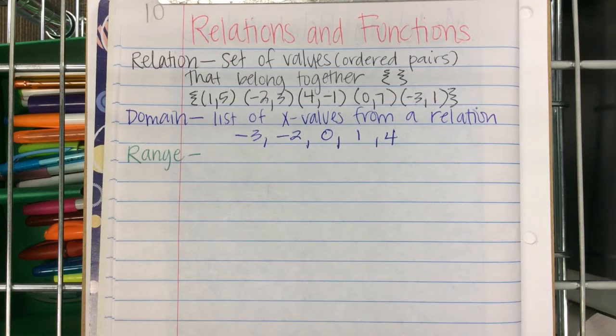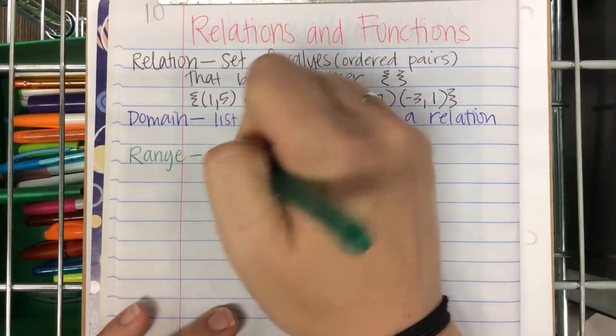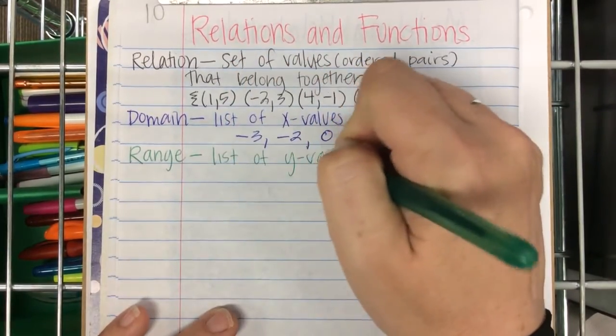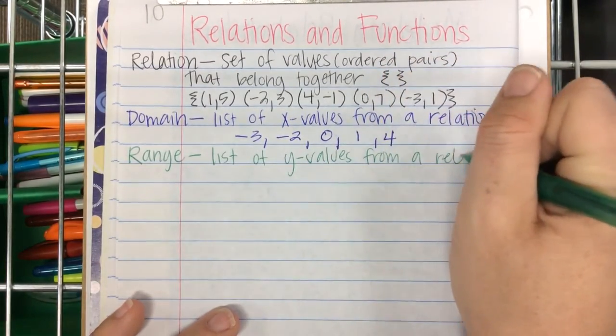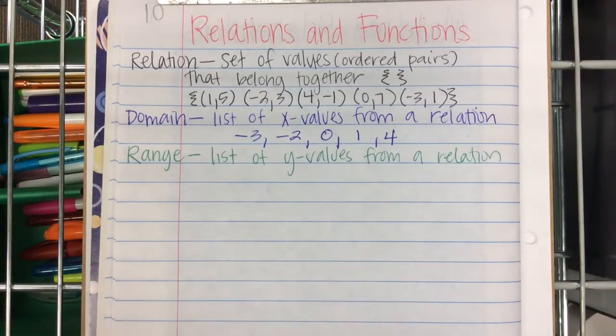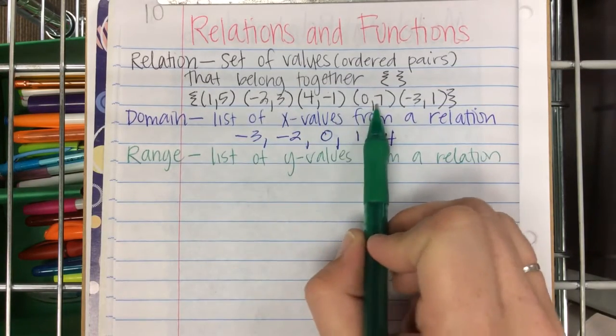Range. Now, range to you already has a definition. Range to you already is a maximum minus the minimum. However, when we're talking about relations, the range is the list of y values from a relation or in a relation. So I look and it's 5, 3, -1, 7, 1.